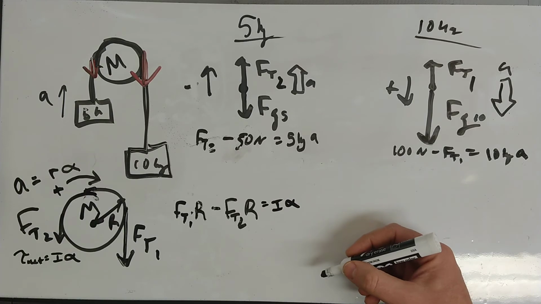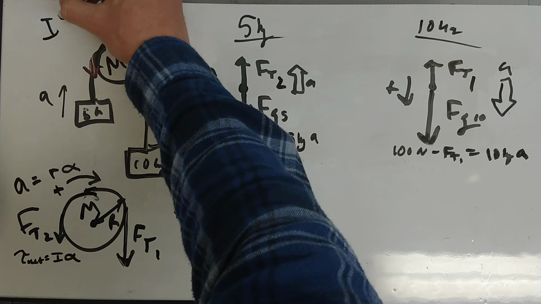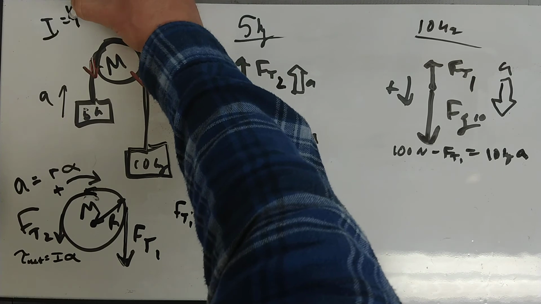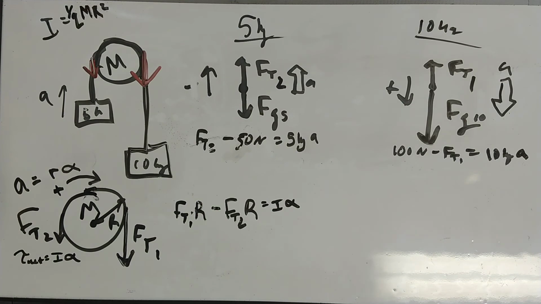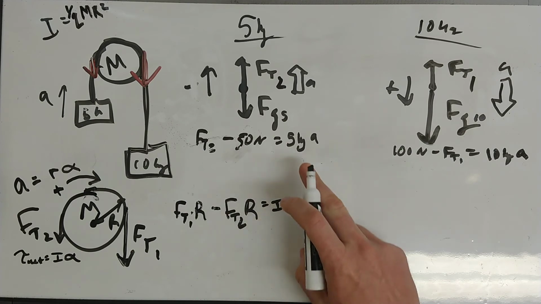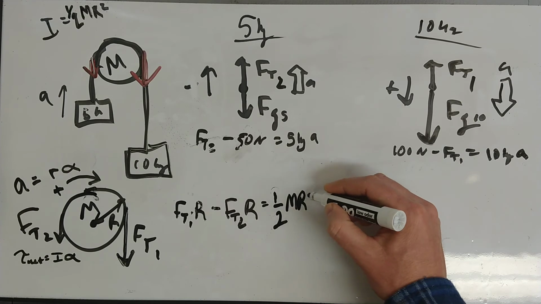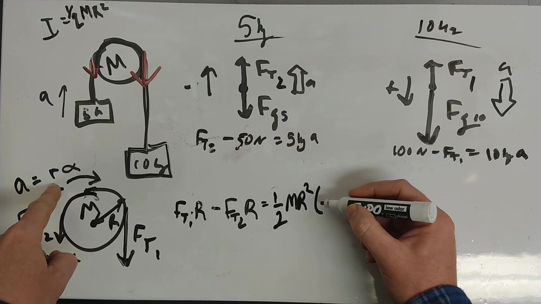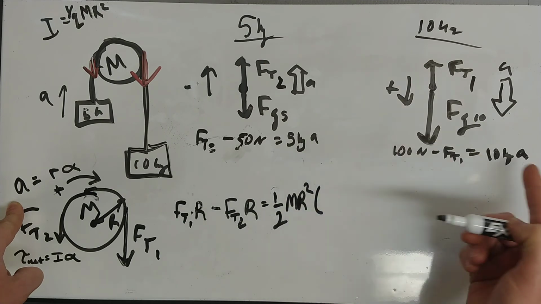Now, we've got to tie this all together. I didn't tell you that, but typically we say the I of a pulley is one half capital M R squared. We usually treat it like a solid disc. So put it all together. Get rid of I alpha here. I'm going to write one half capital M R squared times alpha. But alpha we're going to write in terms of A, because I want to eliminate unknowns.